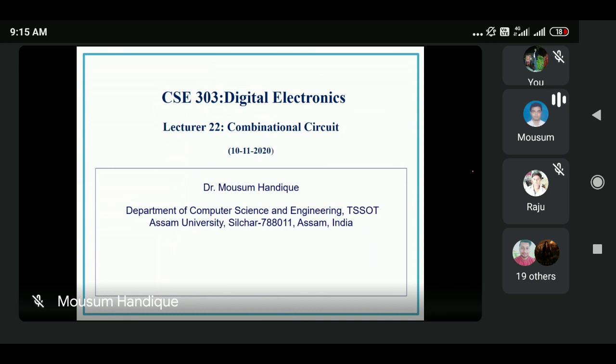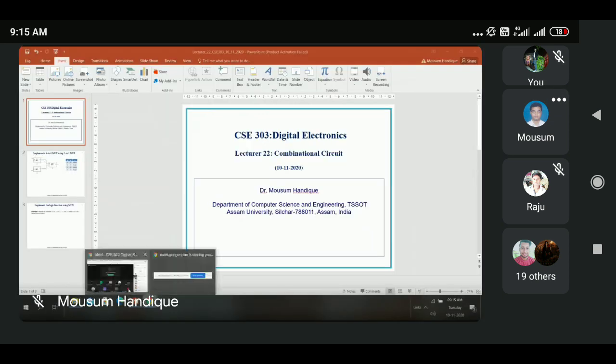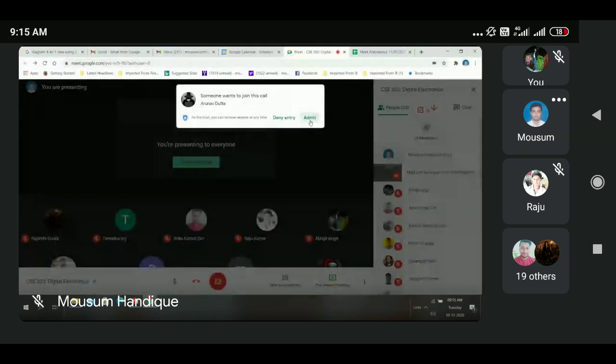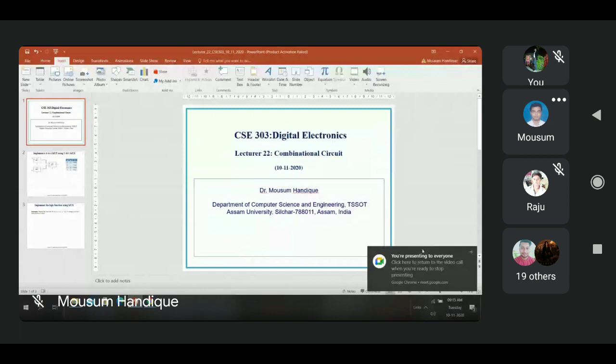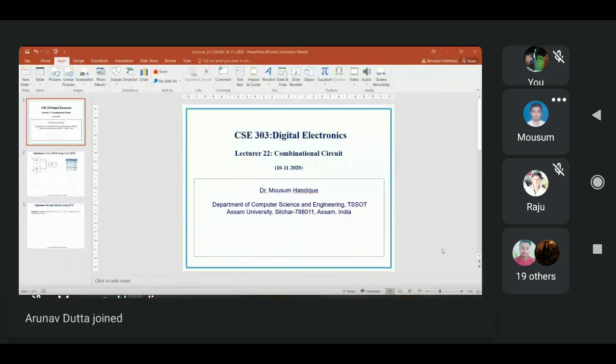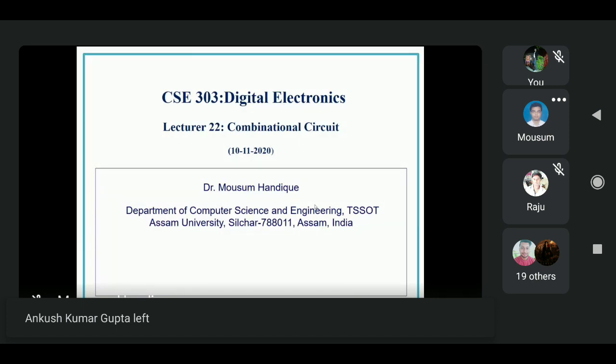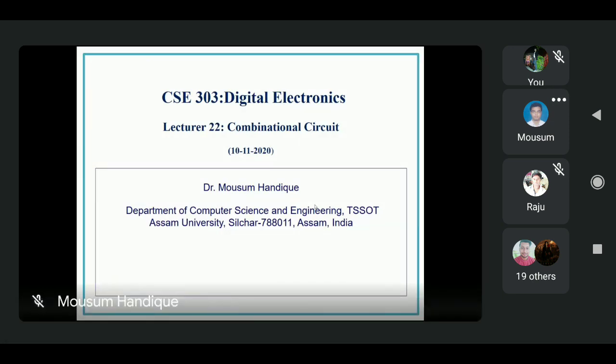All of those things we have already discussed. Last class we discussed the multiplexer.